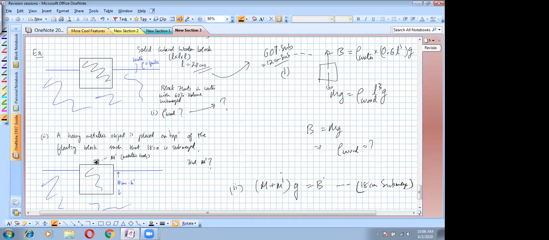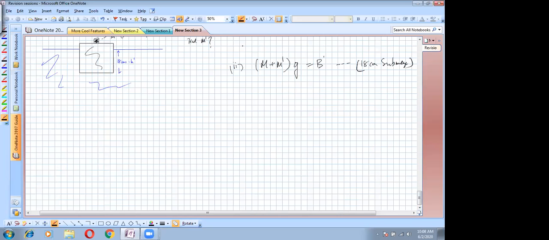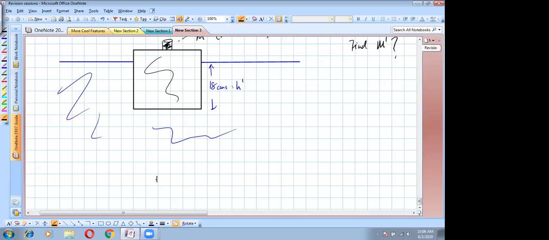Okay, so from the first one, you should be getting the density of wood as 0.6 gram per cc. Okay. So in the first case, mg is equal to buoyant force. So density of wood into L cube into g should be equal to density of water into 0.6 L cube into g.